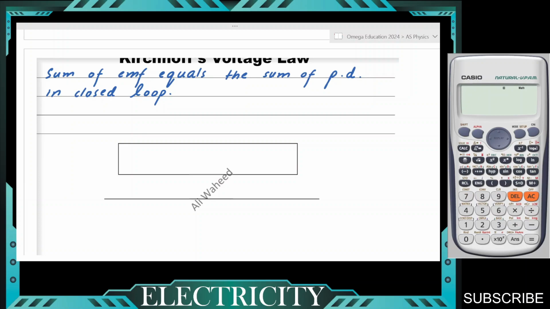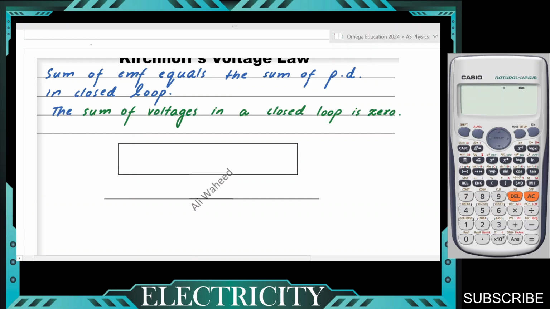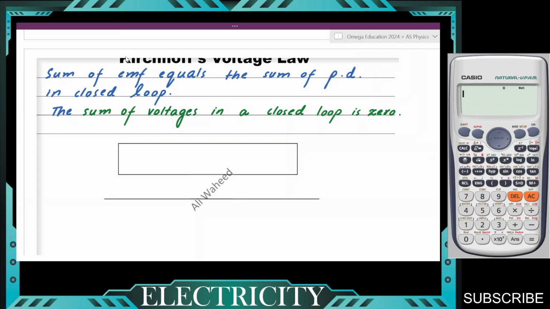This is what Kirchhoff's second law says. In other words, you can also say that the sum of voltages in a closed loop is always zero. If you algebraically add the voltages of the source and the potential drops, it would be zero. So what we can write is the sum of voltages in a closed loop is zero.